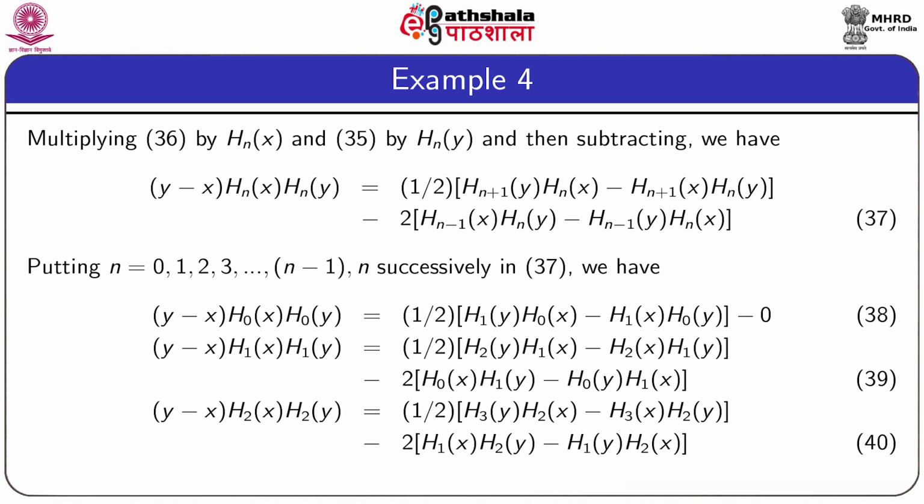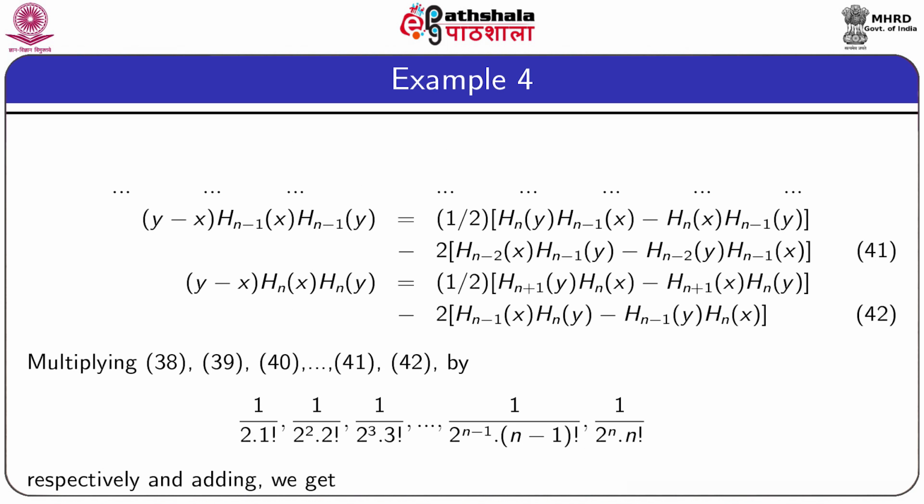Then (y minus x) H_1(x) H_1(y) is equal to half of [H_2(y) H_1(x) minus H_2(x) H_1(y)] minus 2 times [H_0(x) H_1(y) minus H_0(y) H_1(x)], given by equation 39, and likewise we will get equation number 40, 41 and 42.